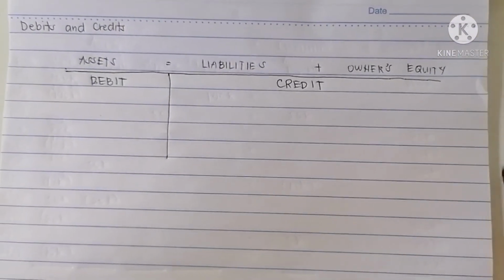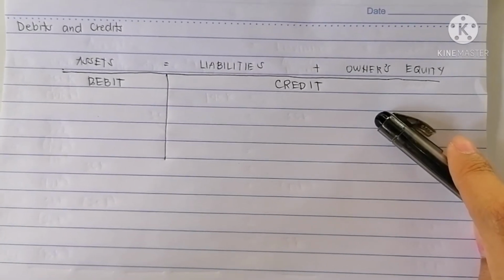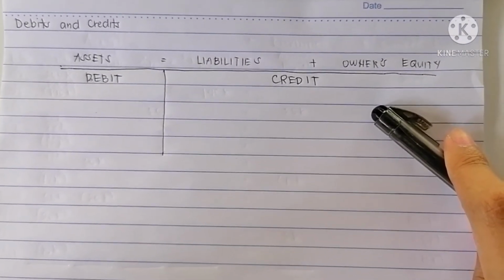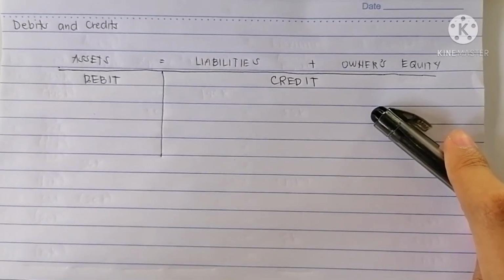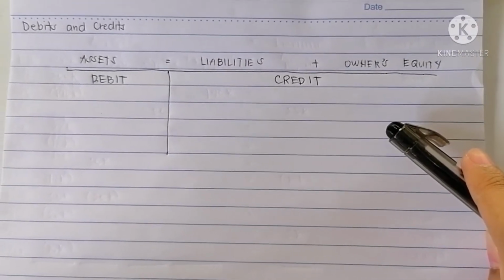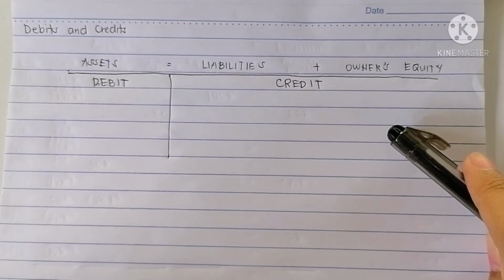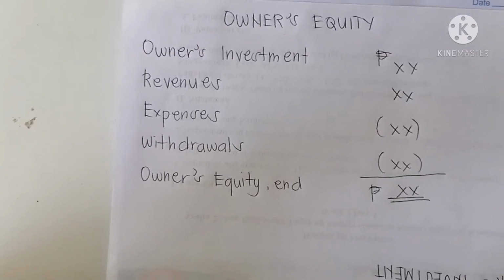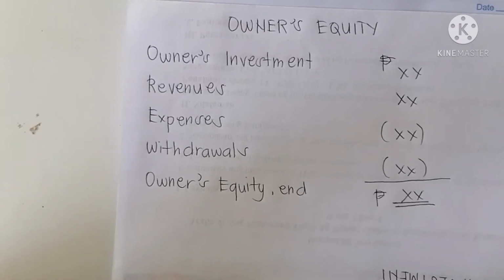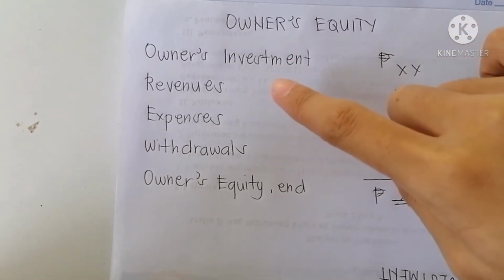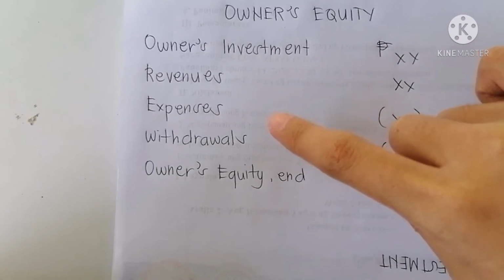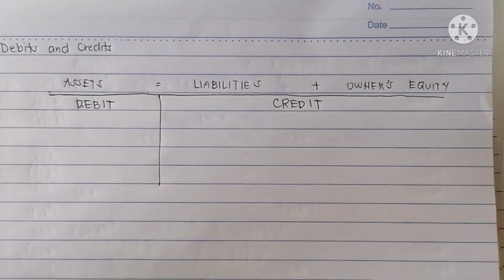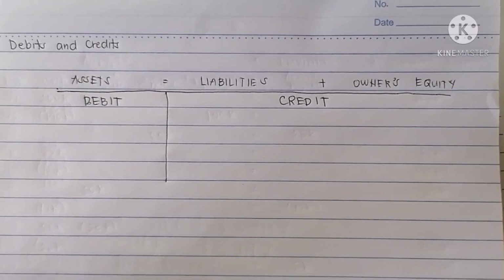However, in general, owner's equity is credit, but it has a composition that we should consider, like the transactions that affect the owner's equity such as investments, withdrawals, revenues, and expenses. With this, we can expand the basic accounting model.